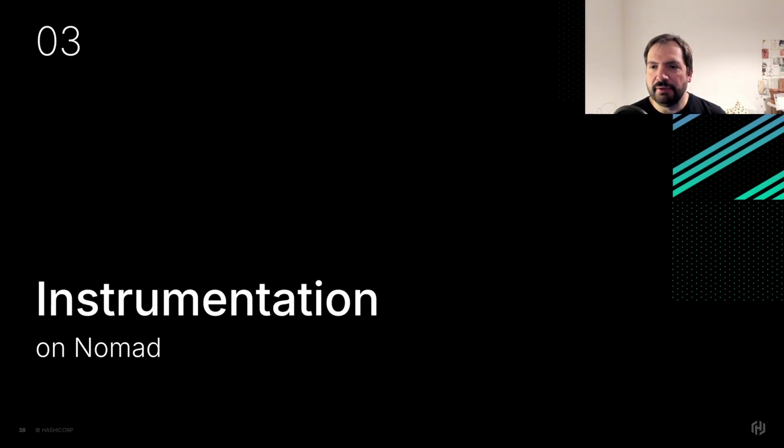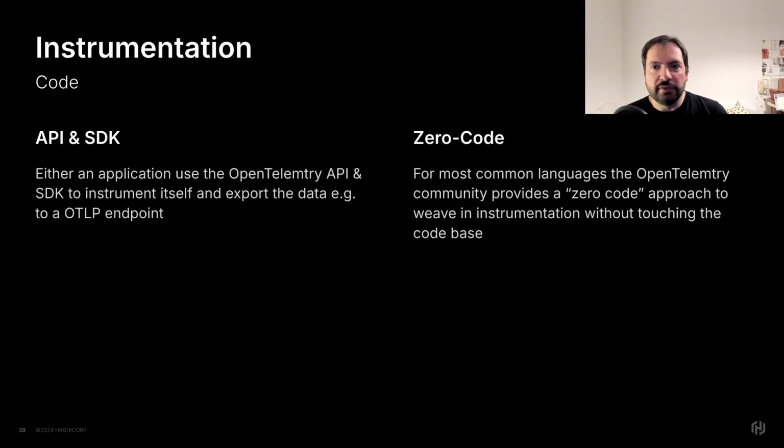So now that we have our OpenTelemetry infrastructure in place and the pipelines and the collectors set up, let's start to instrument some applications on Nomad. First, we need to instrument our application. We can do this either by using the API and SDK ourselves and putting the code in our code and modifying our code, so we can be very specific about where and which parts we want to get some telemetry data from.